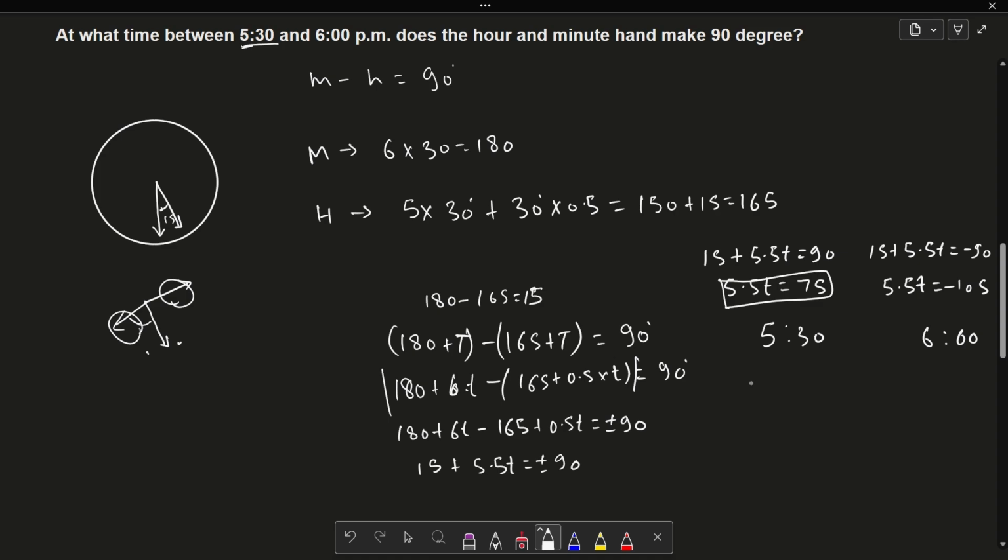When you solve this, 5.5 t equals 75, you will get around 30 point some in decimal. And when you add this to 5:30, it equals 5:43 and some seconds also, right? So at this time, our hour and minute hand difference is 90 degrees between 5:30 and 6 p.m. I hope you get this.